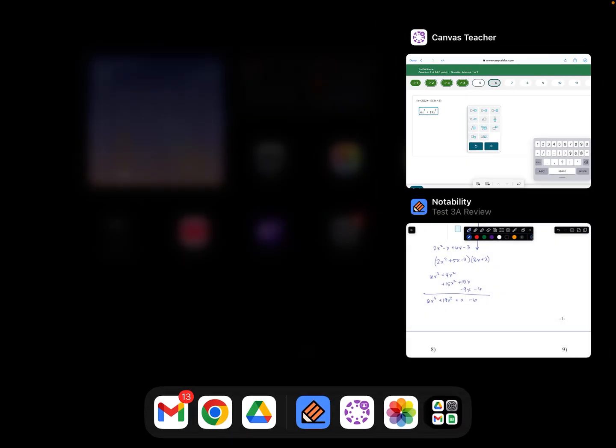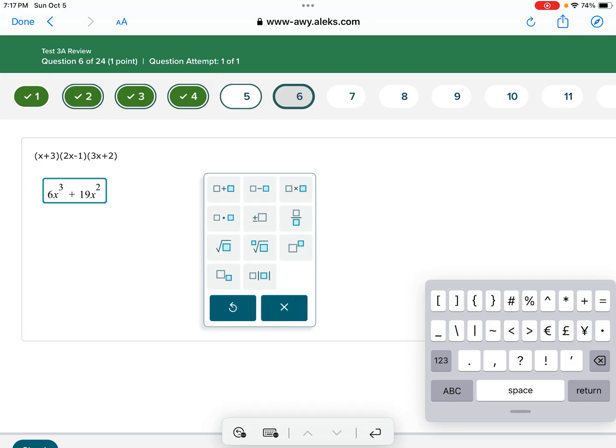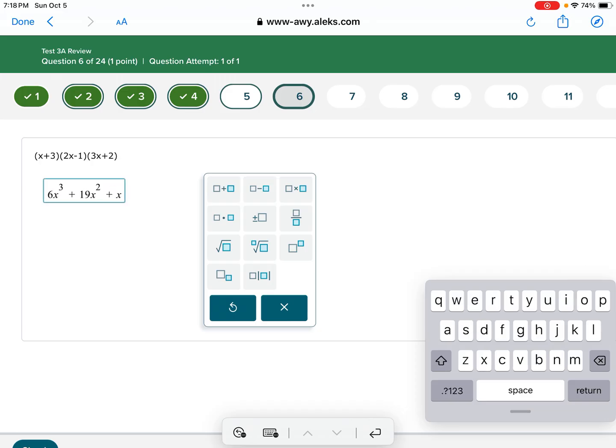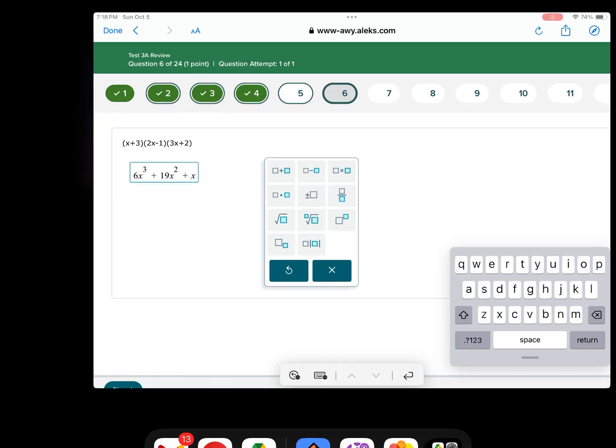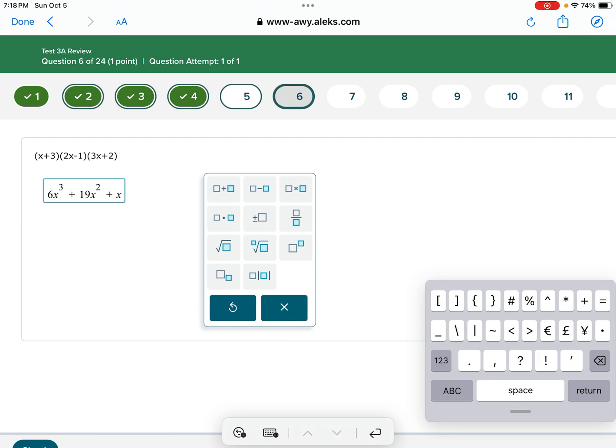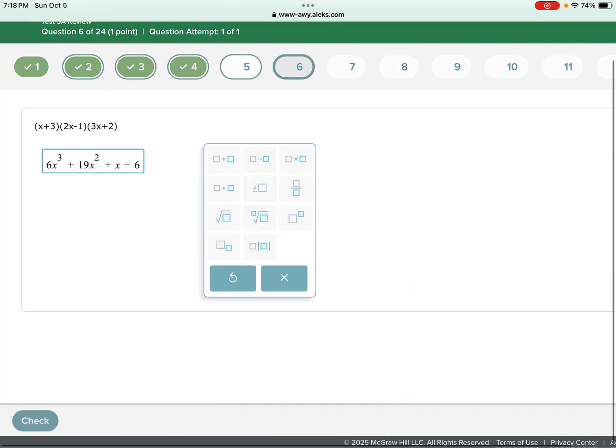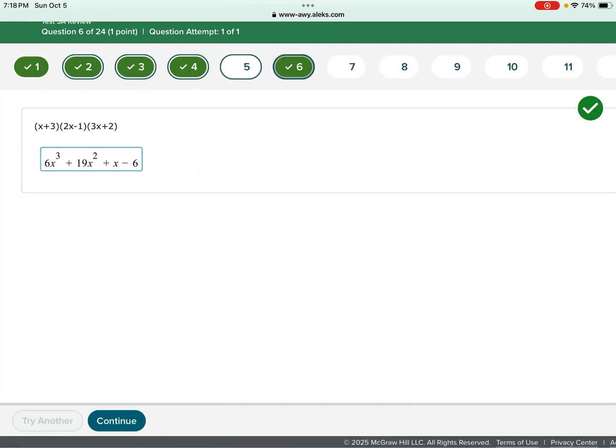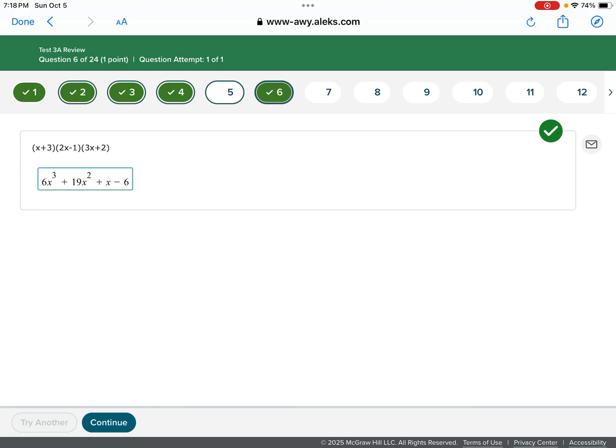And then plus x. And then minus 6. See if this works. It worked. Yep, we got that check mark.